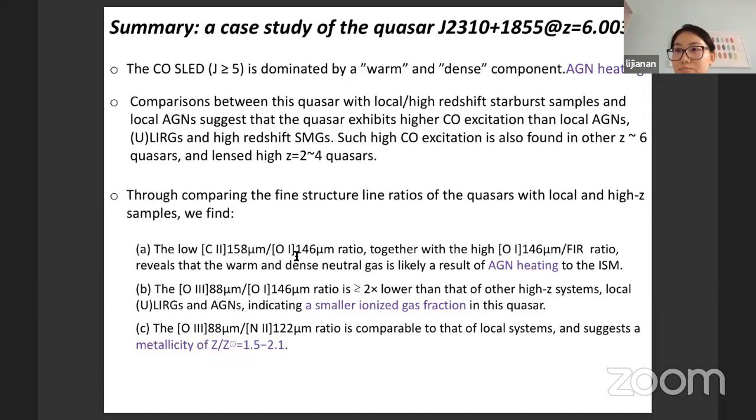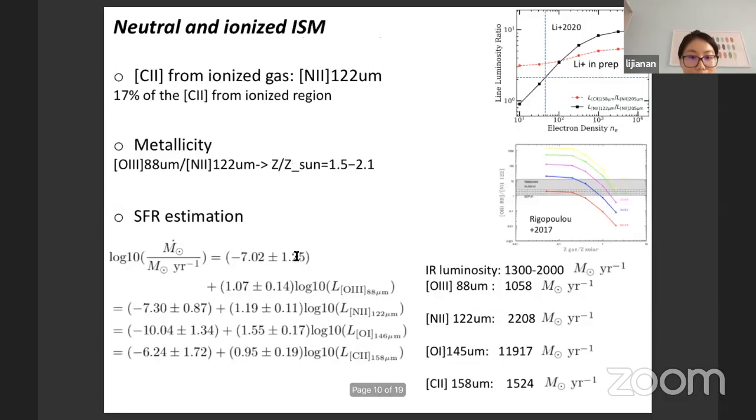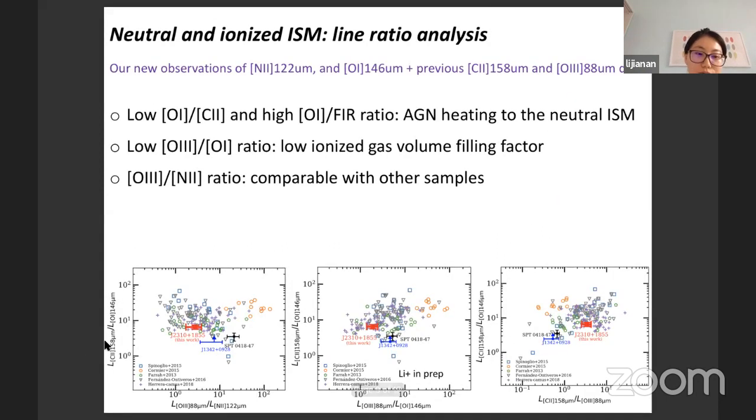Okay, some more questions. So why is the O I derived star formation rate an outlier? Actually, I have shown that the C II to O I ratio is not comparable to the local samples. It is lower, which means the gas is warm.